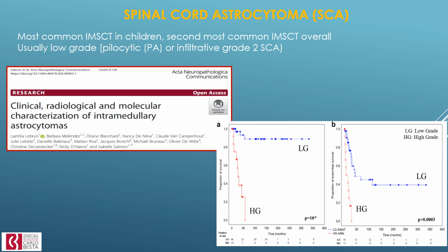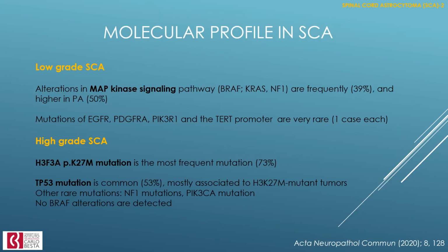As you can see by the Kaplan-Meier curve, the outcome differs between high-grade versus low-grade. High-grade astrocytoma patients presented an extremely poor prognosis, with a median overall survival of 23 months and a PFS of 6 months.